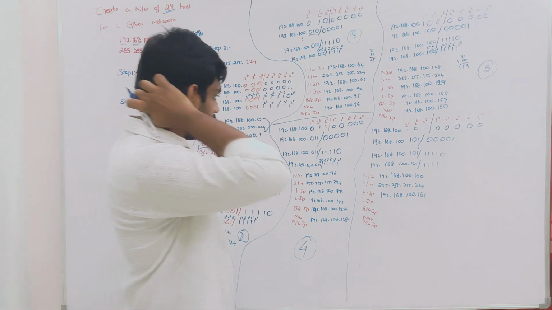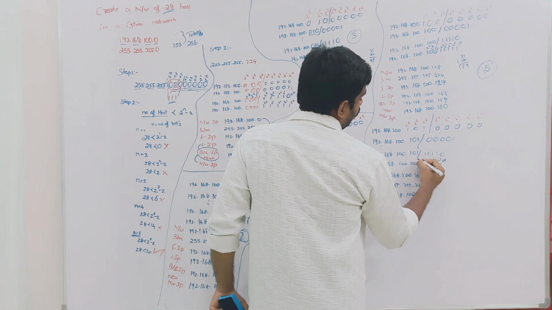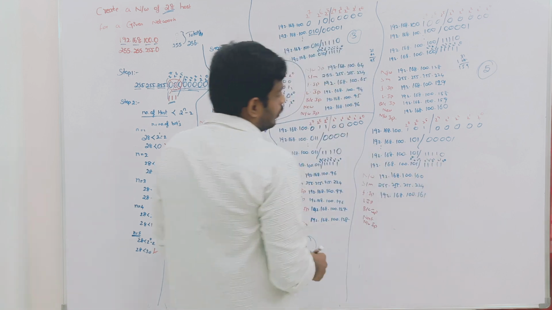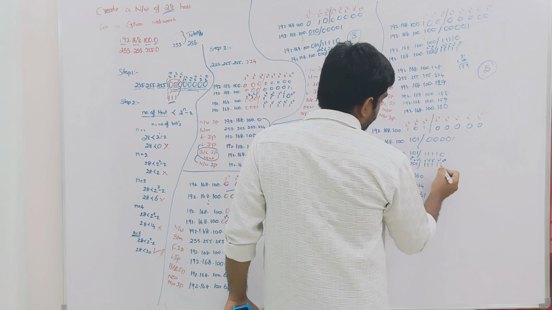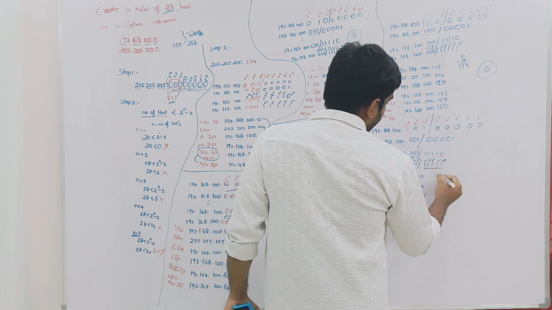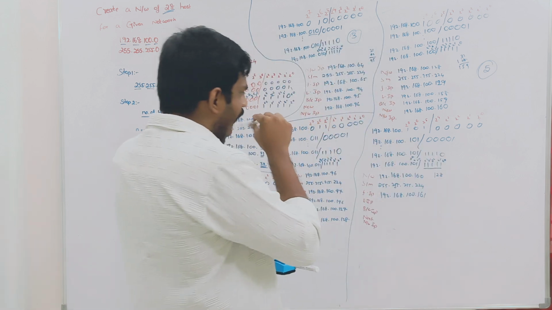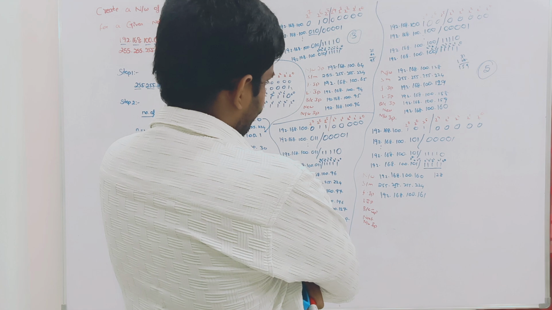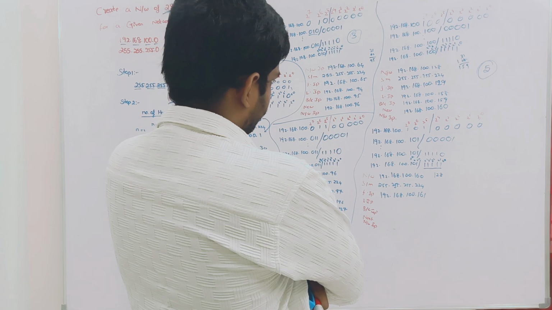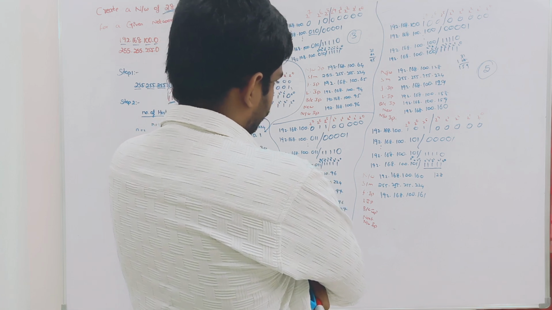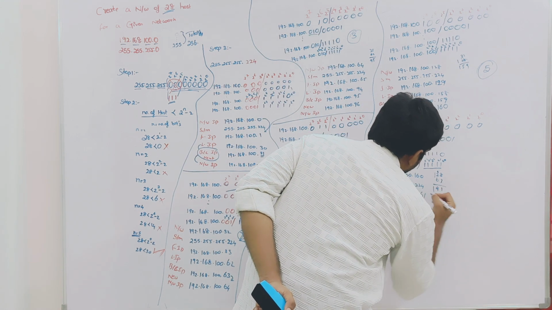So for the broadcast IP, you add 2 power 0, 2 power 1, 2 power 2, 2 power 3, 2 power 4, 2 power 5, 2 power 6, 2 power 7. So 31 plus 160 gives 191.